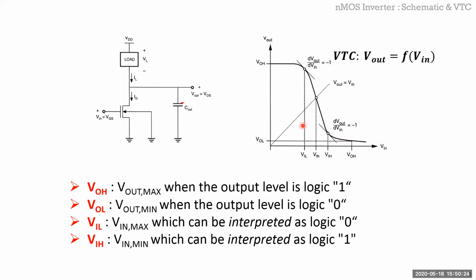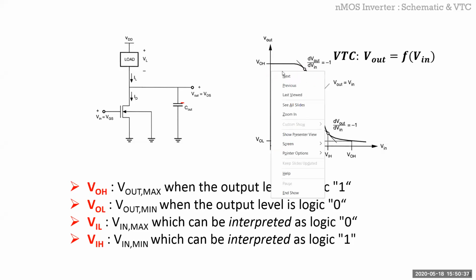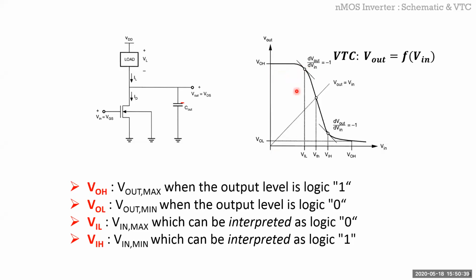VIL, VIH, again, this will go a lot more into detail, but definition-wise, VIL tells you the voltage. The definition is from input of 0 to this voltage, where the gate considers it as an input low, logic 0.